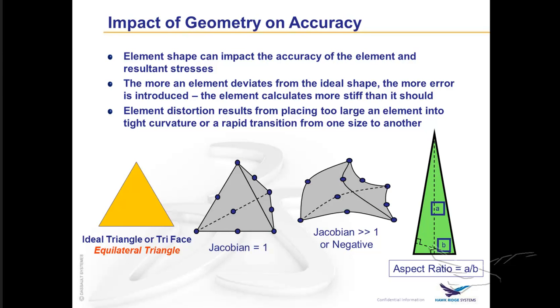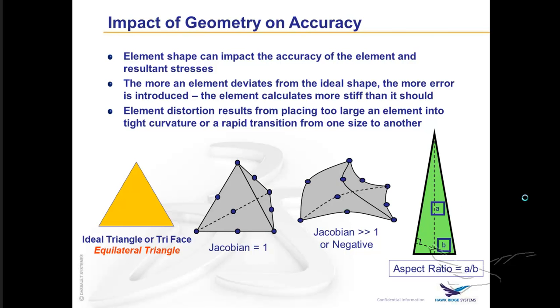But as we start getting these sliver faces, or if we place one single large element around a fillet or something like that, we could end up with what we call a high aspect ratio, or a sliver element, and also a bad Jacobian, where an element sort of self-intersects and bends into itself. So we have to watch out for these particular issues.